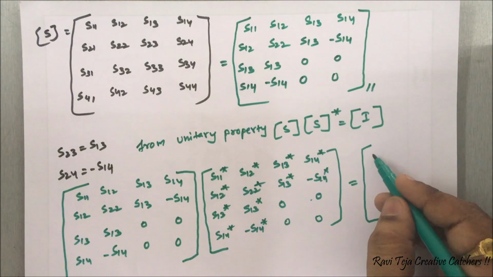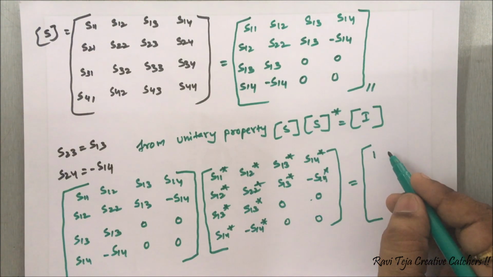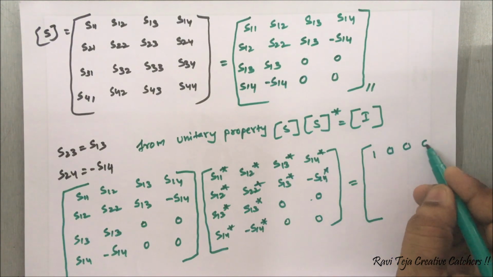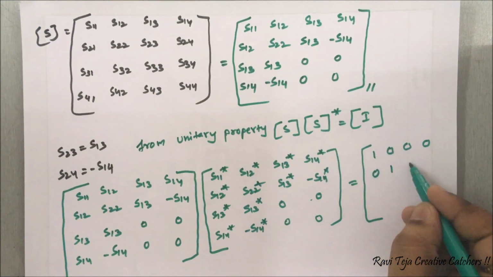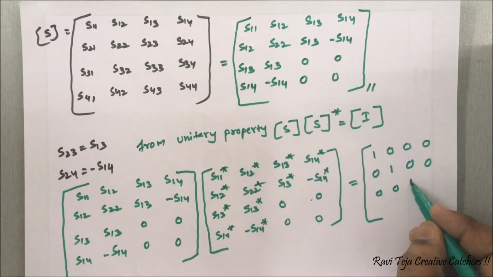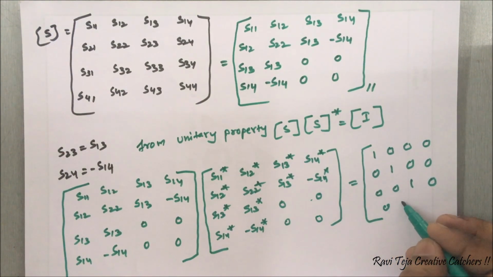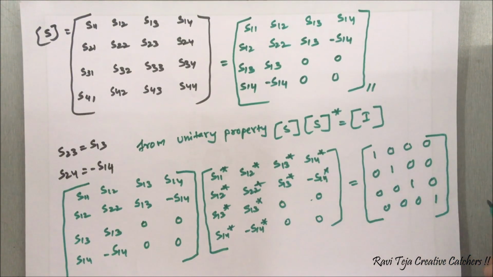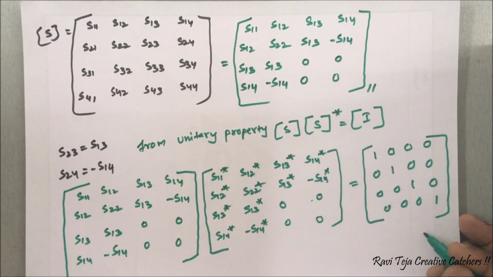It's a 4 by 4 matrix, so we put the identity matrix in 4 by 4 form: 1, 0, 0, 0; 0, 1, 0, 0; 0, 0, 1, 0; 0, 0, 0, 1. This is the identity matrix.